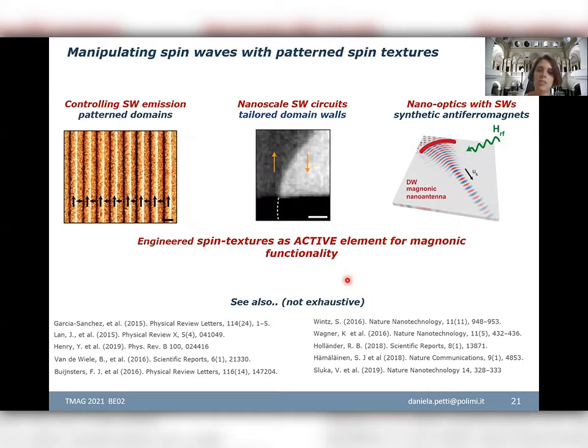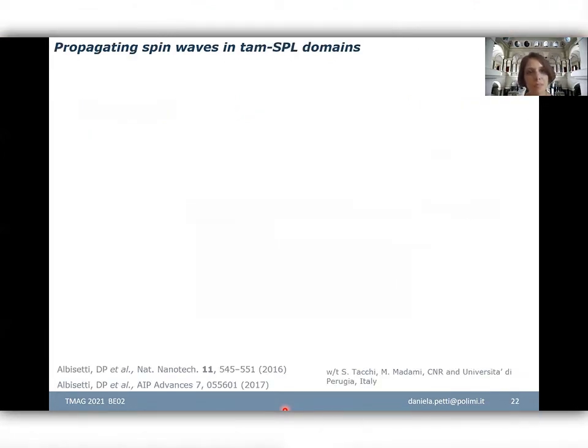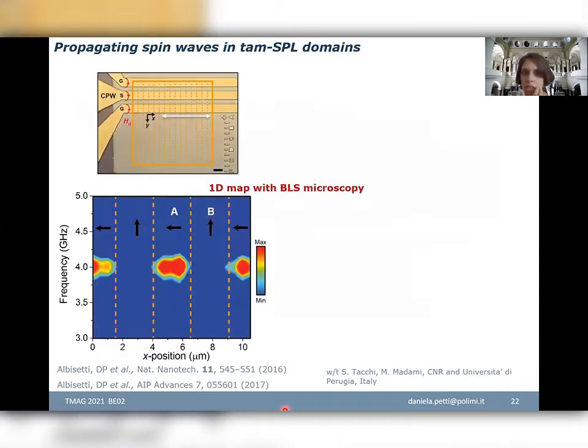Of course, there is a lot of work in progress. Here I put some other references on nice work on manipulation of spin waves with spin textures. Of course, it's not exhaustive. So the first work we made, the first demonstration, was this.